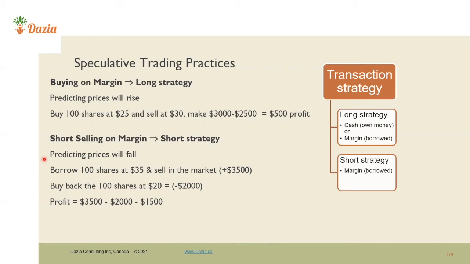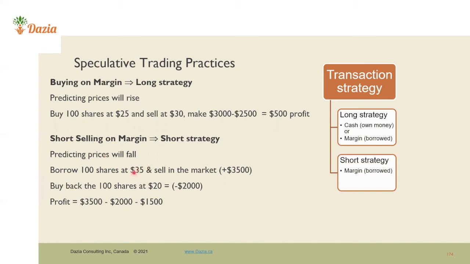Let's suppose the price is $20. So now the client has to pay $2,000 to buy back the 100 shares. They got $3,500, they spent $2,000 to buy them back, so they made a profit of $1,500. So this is beneficial if the price goes down.